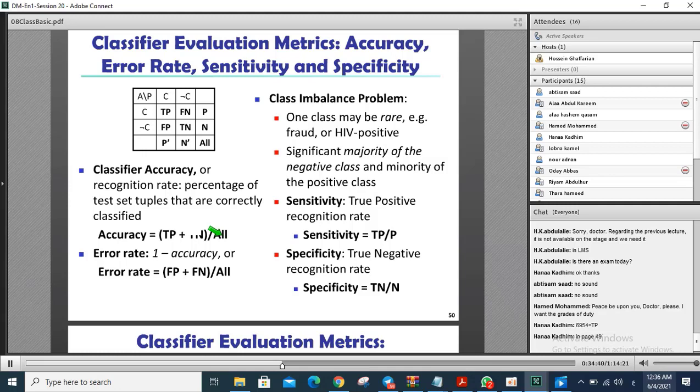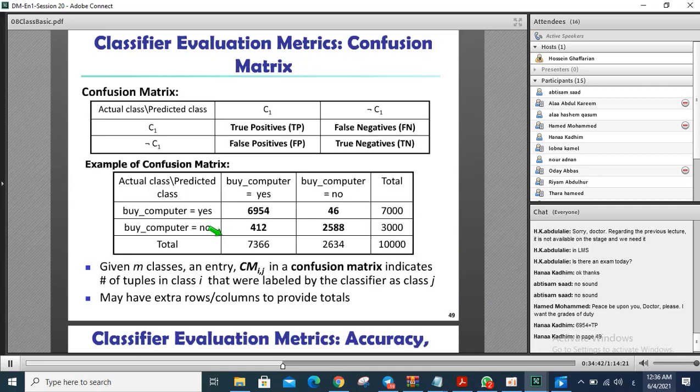Here, for example, the true positive is 6940 and true negative is 2588, divided by 10,000.